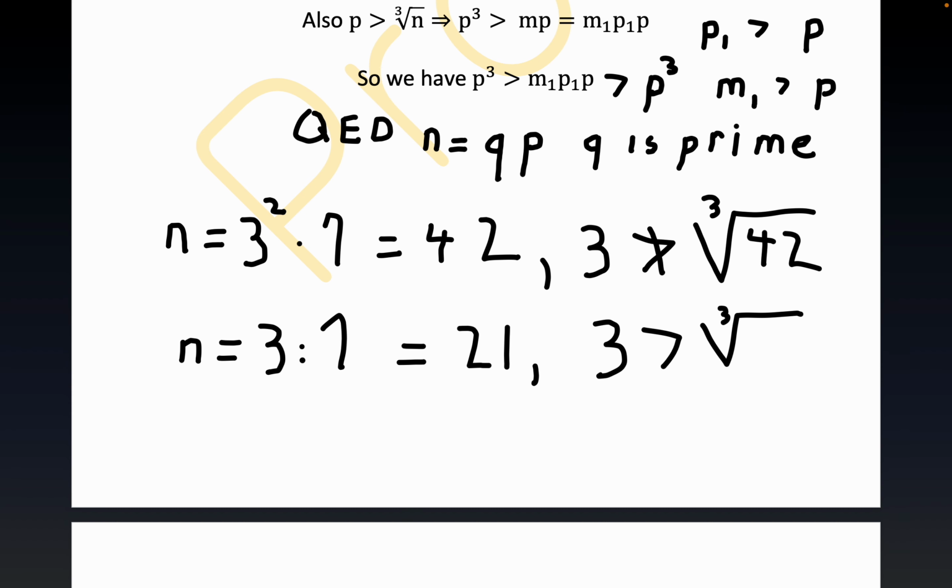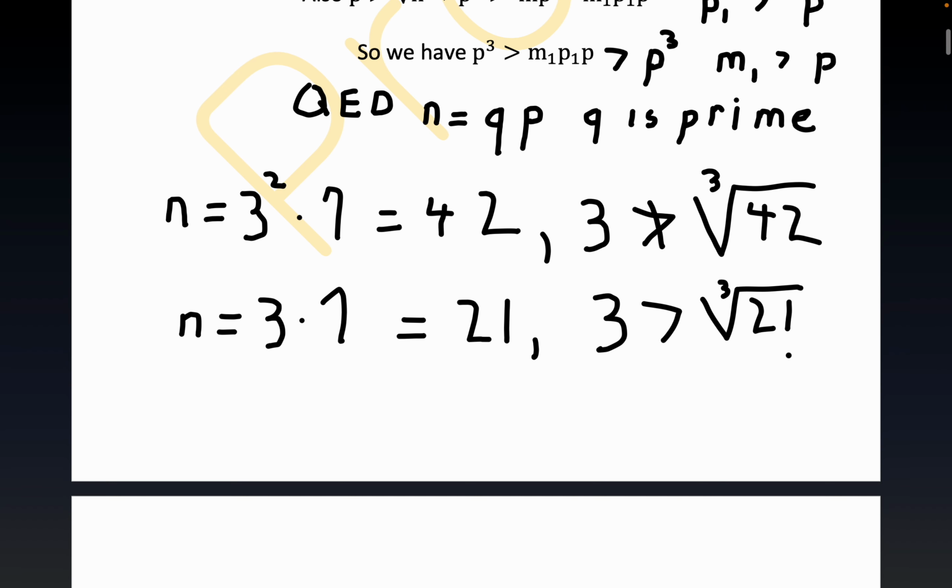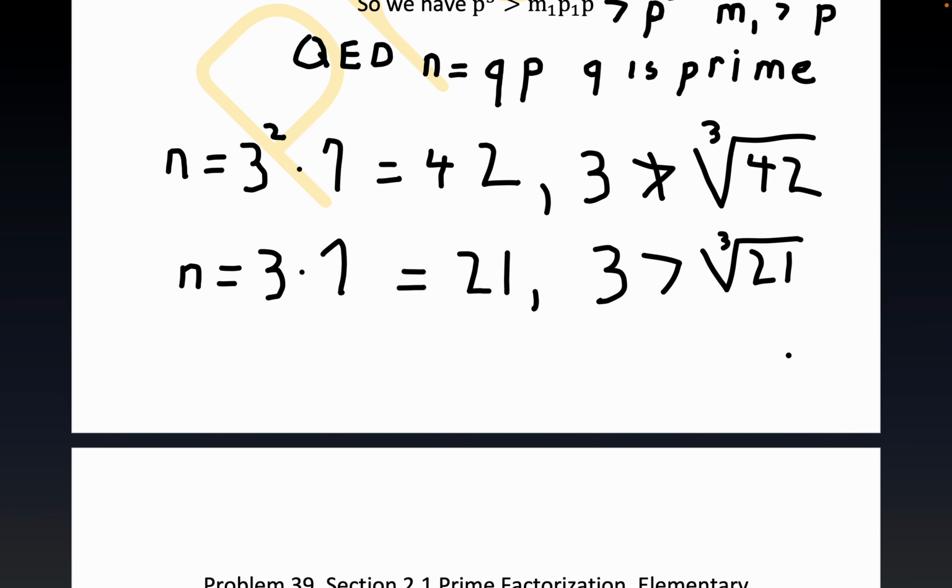Now, it's not saying every time it's in this form, and let me give you an example of that. It's not an if and only if thing. Let's try out, let's say N is equal to 3 times 11.